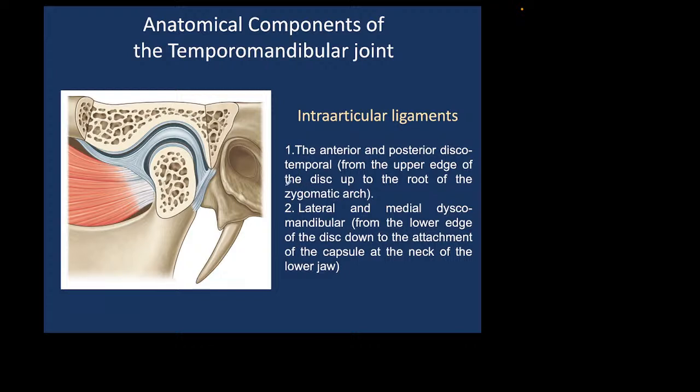Some of the ligaments we find in the temporomandibular joints. Usually there are some intra-articular ligaments, anterior and posterior, and they are located in the articular capsule here.